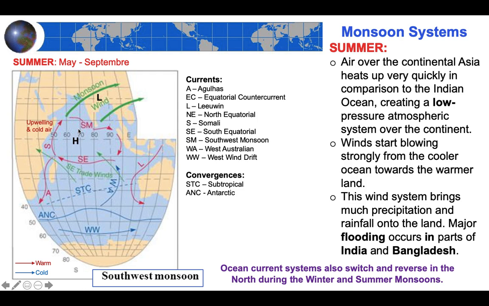And this wind system brings lots of precipitation because these winds coming from the southwest over the Indian Ocean pick up lots of moisture, and then once they hit the continent, and particularly higher grounds, they dump that as precipitation. So that's why we get the summer monsoon in the Indian subcontinent, and that is incredibly devastating in places like southern India and in Bangladesh to the east.